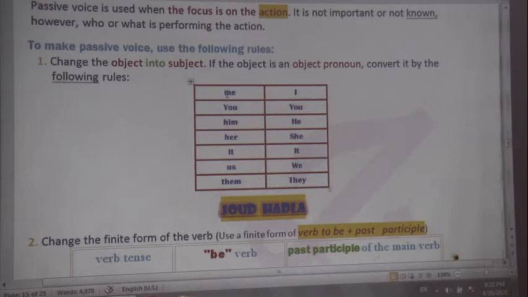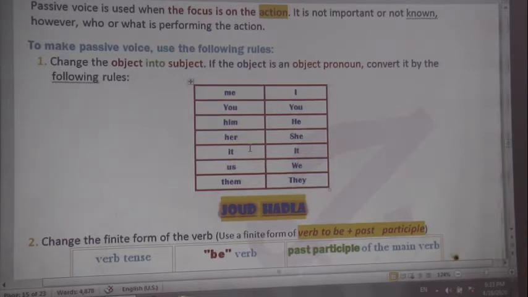We only need to revise or learn about the change from object pronoun to subject pronoun by revising the information in this chart. So me is changed into I, you is changed into you, him is changed into he, her is changed into she. So if the object is an object pronoun, in this case we convert it into a subject pronoun.